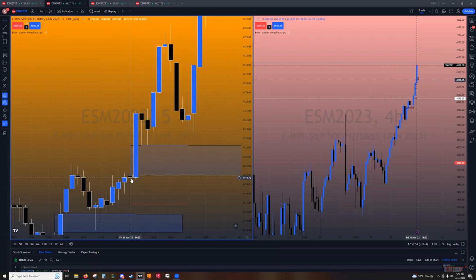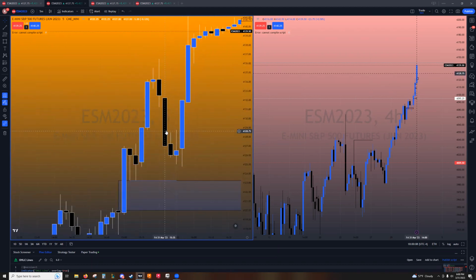Go further right. After this, if it goes above that black candle, above this black candle would be your entry? Yeah, above that black candle close. Okay.